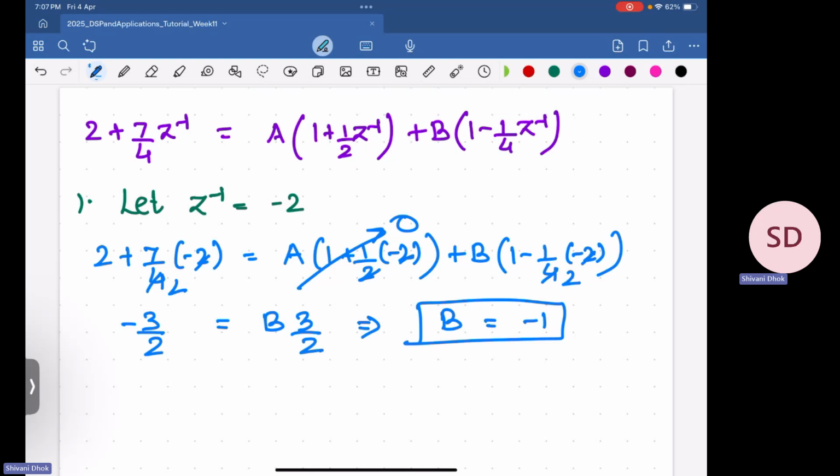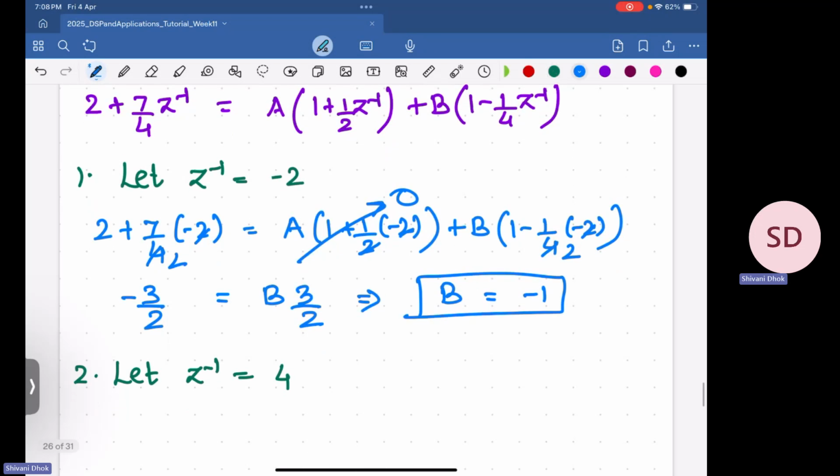The next thing that we need to find out is the value of a. So for that, let z inverse be equal to 4. So what do we get now?